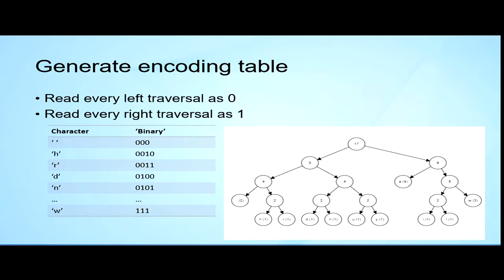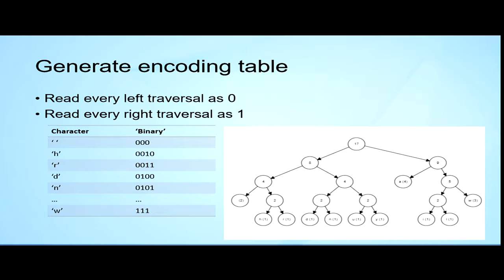For example, a space will be 000 because it travels left 3 times, so 3 left traversals is 3 zeros. And H is 0010, which is 2 left traversals, 1 right traversal, and 1 left traversal.